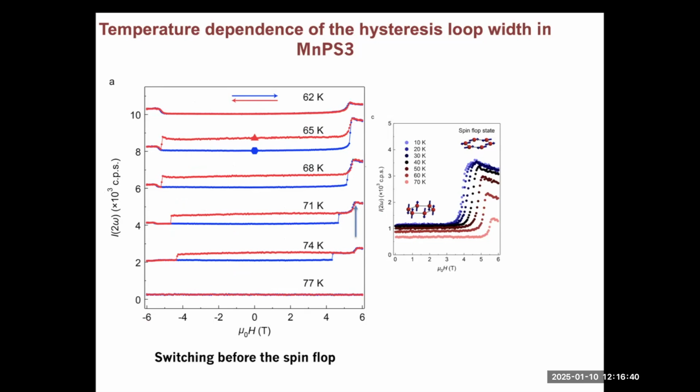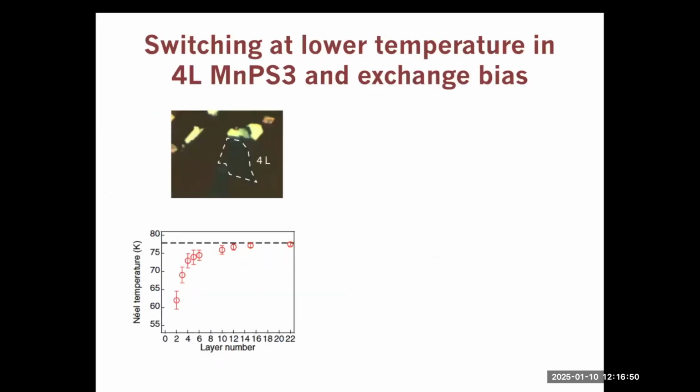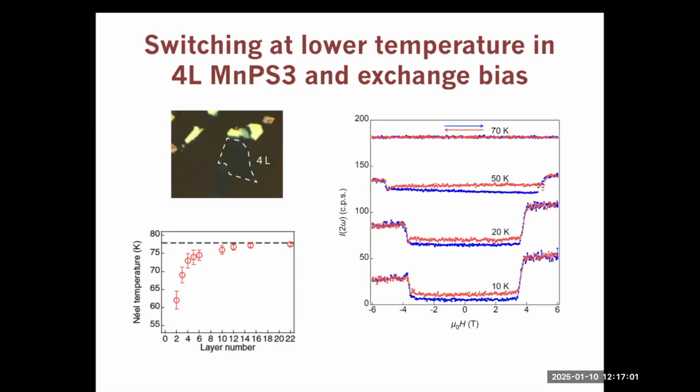So it's something we don't understand. The other thing is that we measured more than 10 samples. The switching always disappears below 62 Kelvin if the sample is around 40 nanometers to 80 nanometers. But if we measure a 4-layer sample, as you remember, the Néel temperature is suppressed, which means the anisotropy is reduced. Then we can see the switching down to 5 or 10 Kelvin.